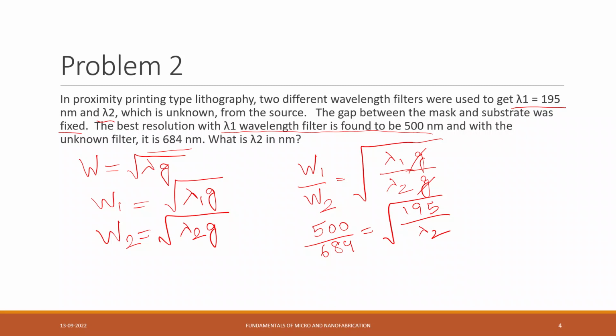So 500 divided by 684 is coming to be 0.731, so 195 over lambda 2. So lambda 2 equal to 195 divided by 0.731 square, that is 0.5334.